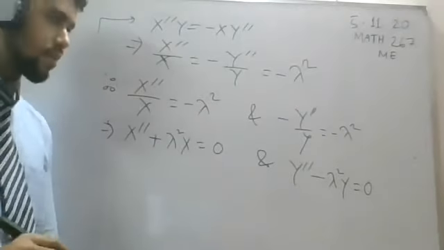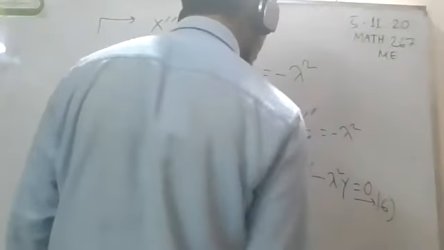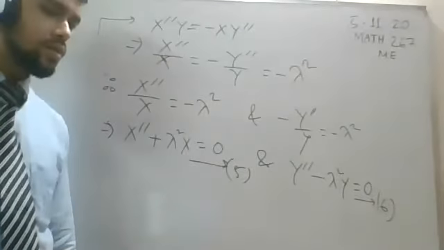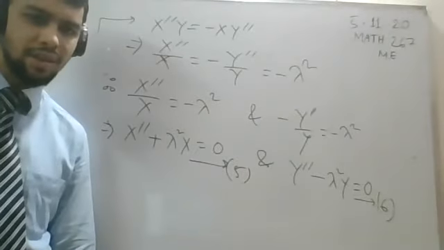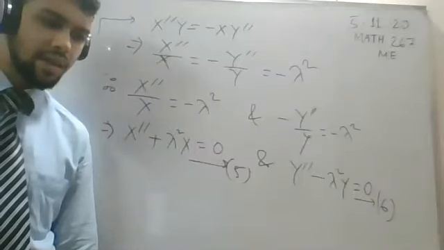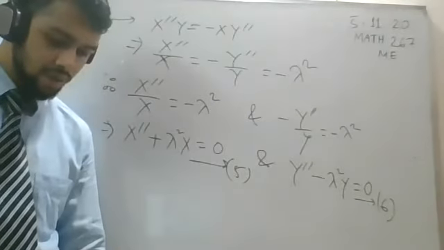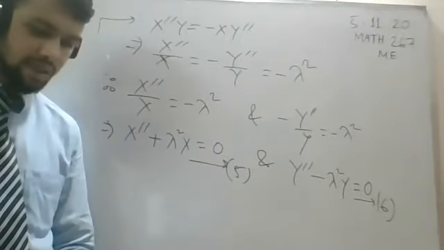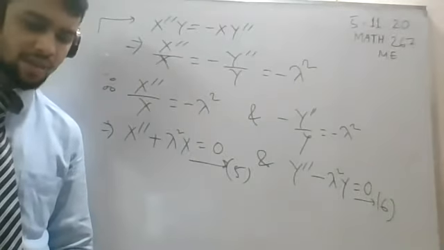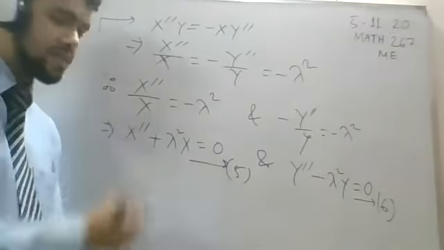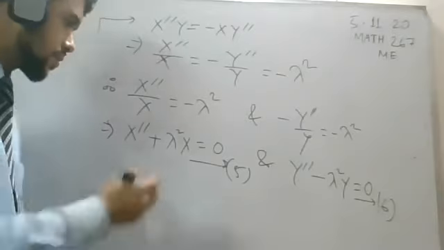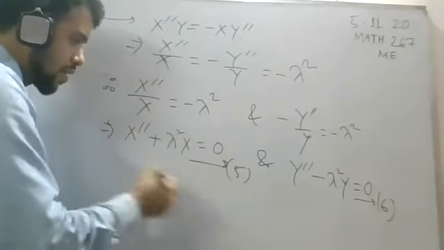Now you have to find the solution of equation 5 and equation 6. And after that, you have to put the solution in your equation 4, which is u(x, y) equals X(x) into Y(y). This is a second order homogeneous differential equation. Now, can anyone please tell me what is the solution of equation 5?